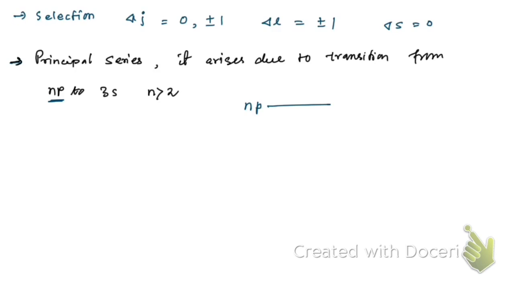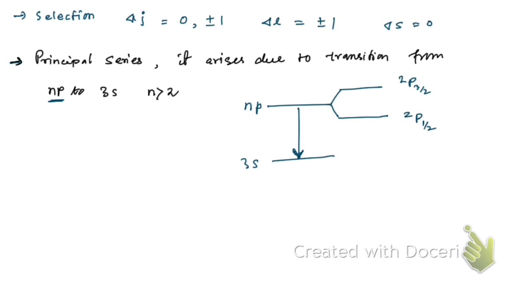So this is NP. NP can be written this way: 2p 3 by 2 and another is 2p half, and transition takes place from NP to 3s.